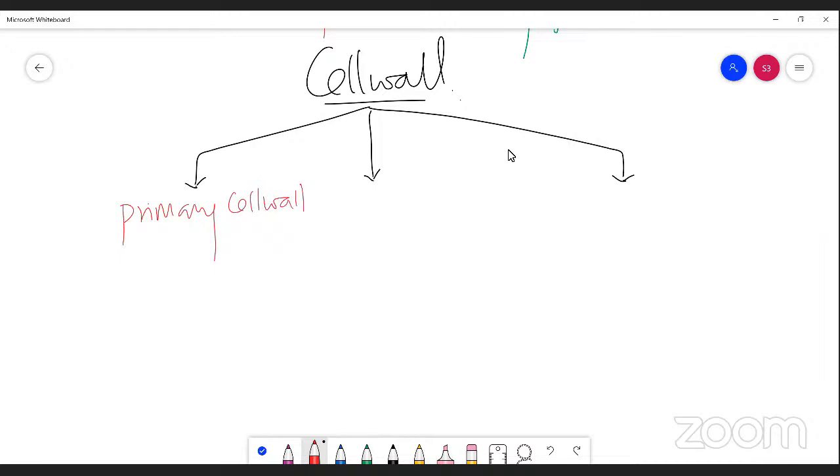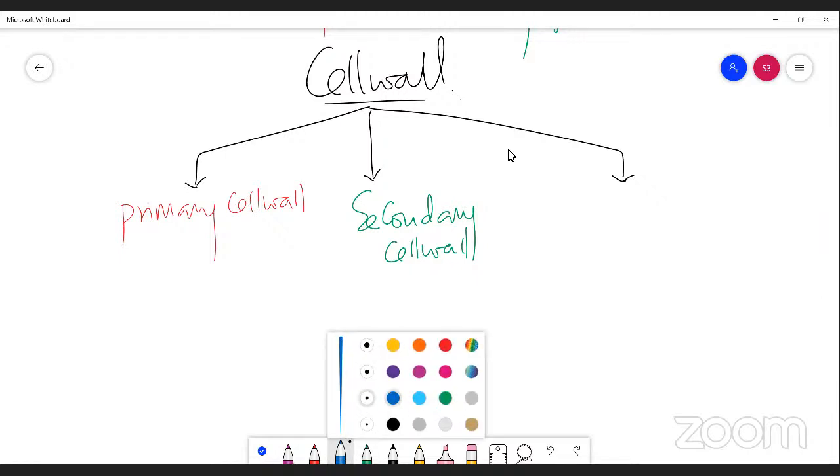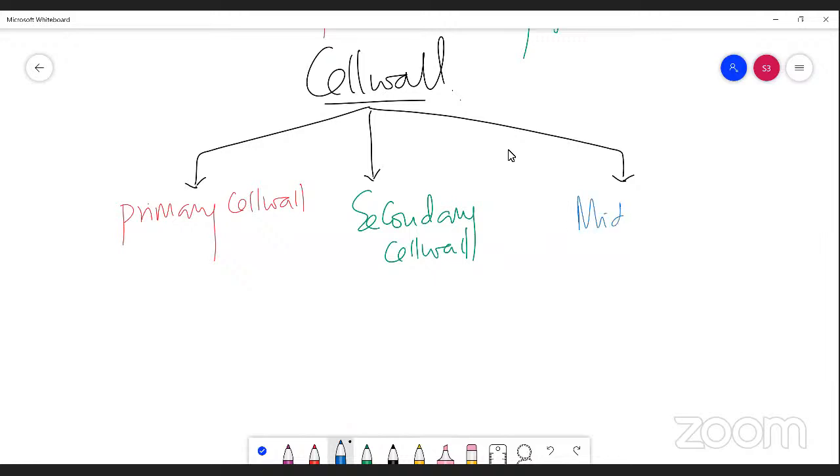The second one is the secondary cell wall. And the third one is the middle lamella. So there are mainly three components of a cell wall.